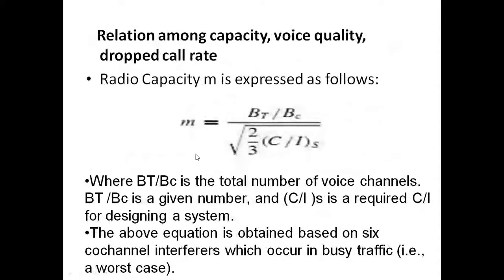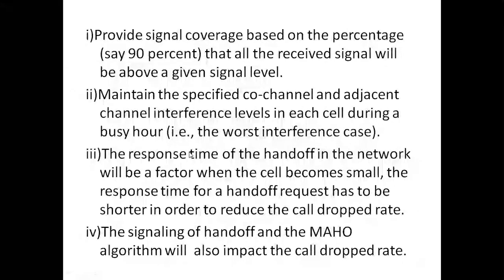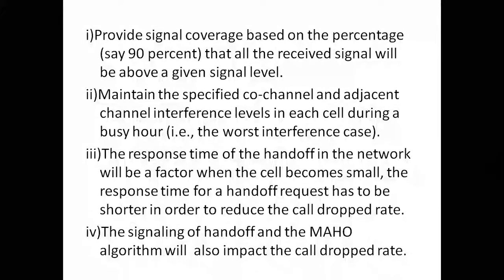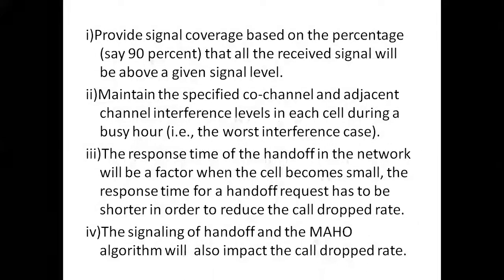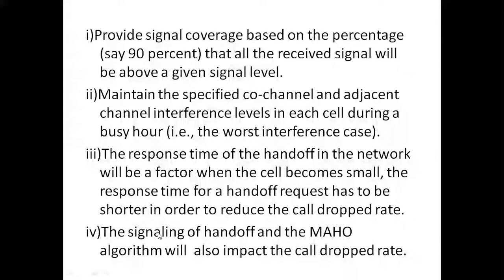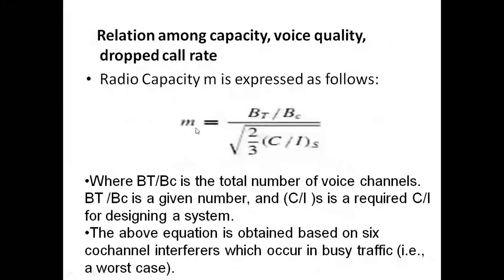So here we are considering these parameters in order to calculate this value. First, we are providing 90% coverage to the cell, and we are maintaining some co-channel and adjacent channel interference levels and some response time. We are also calculating the signaling of handoff and MAHO if there is any MAHO algorithm. These are the considerations we are following, and we are calculating the radio capacity m value. This depends on the voice channel and the C by I value.